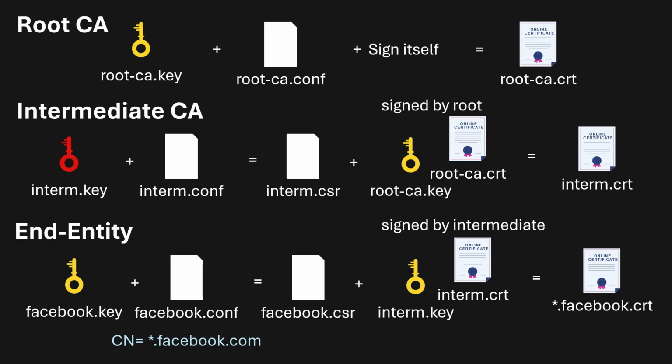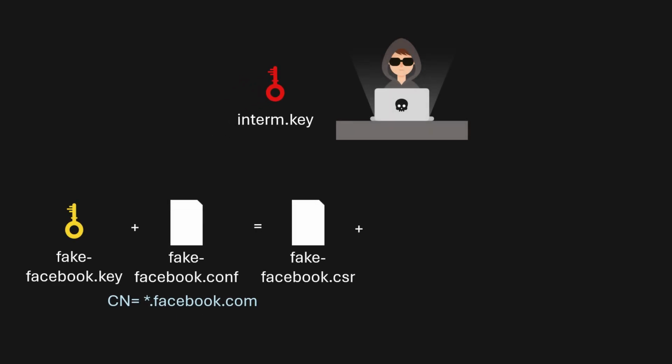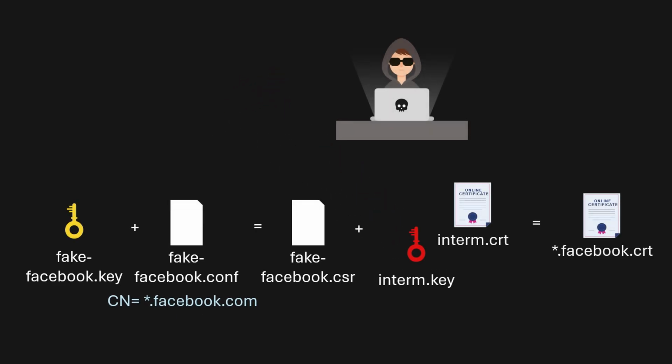If an attacker gets the private key of an intermediate certificate authority, say Let's Encrypt intermediate, the situation becomes significantly more dangerous. Now they can not just impersonate one website, they can issue certificates for any website that chains to that root and passes client validation rules.